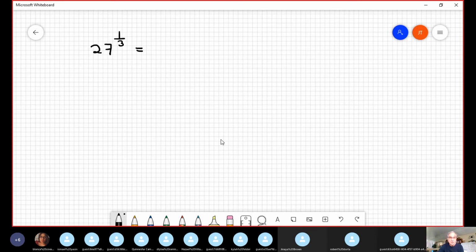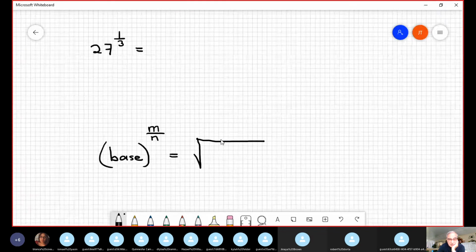This is equivalent when you have a fraction exponent. Let me recall. Suppose you have a base raised to the fraction exponent. The fraction I want to call in general m divided by n. So you see, using radical notation, you copy the base inside the radical, and the index of the radical is n, so the number in the denominator.